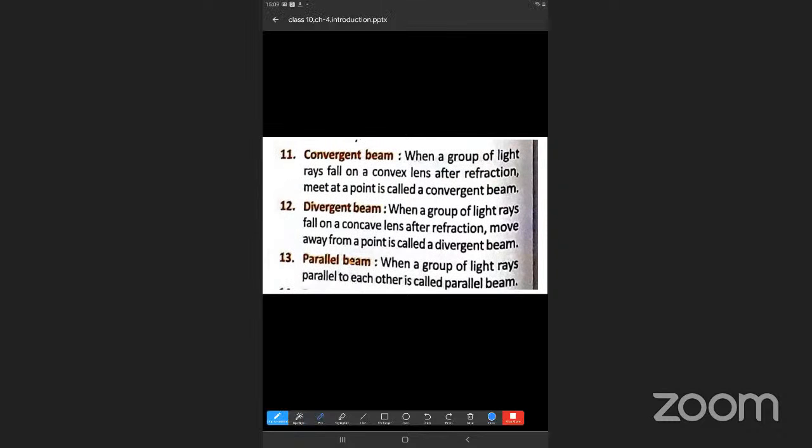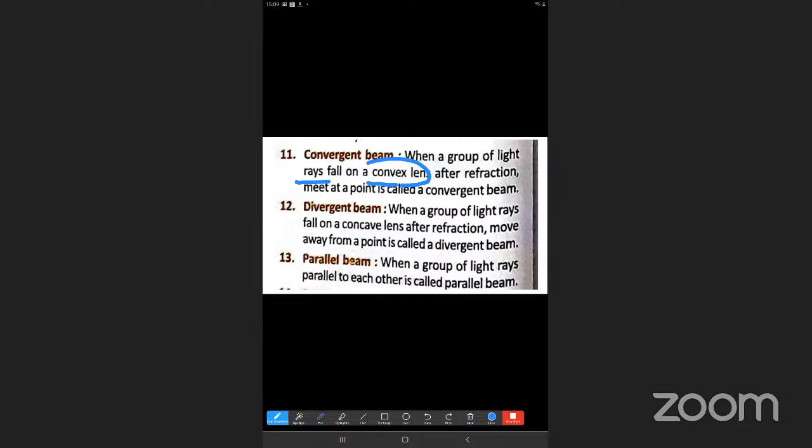Next, convergent beam. When a group of light rays fall on a convex lens, after refraction, they meet at a point; this is called a convergent beam.